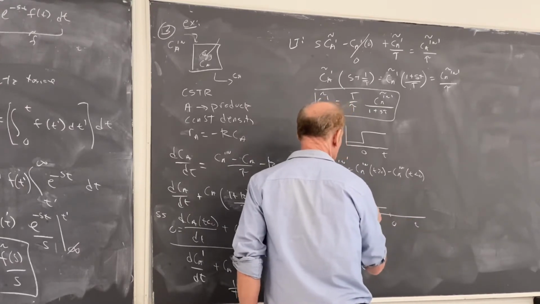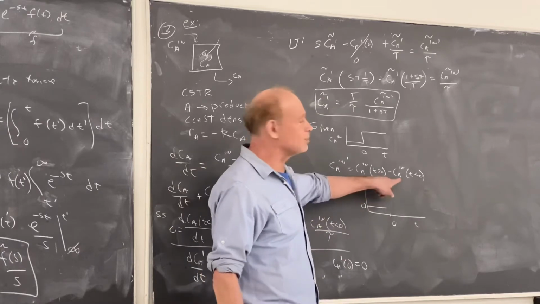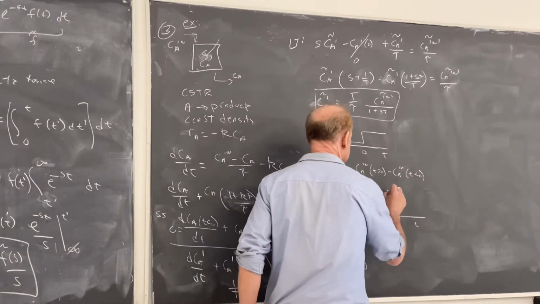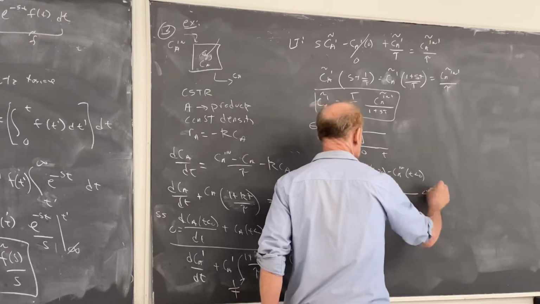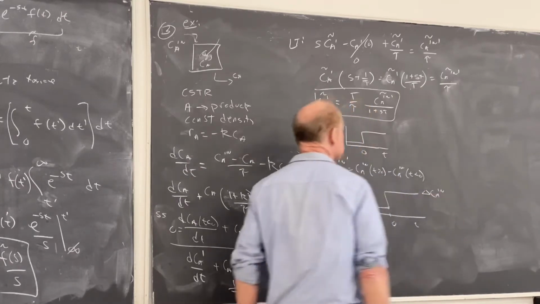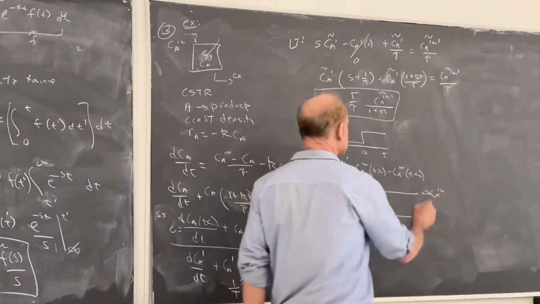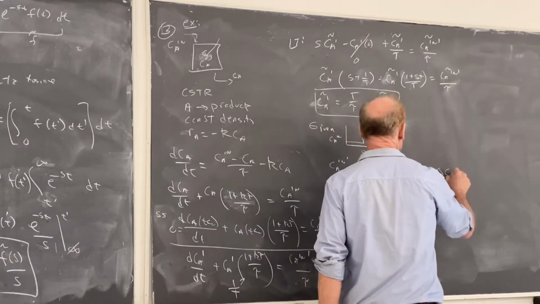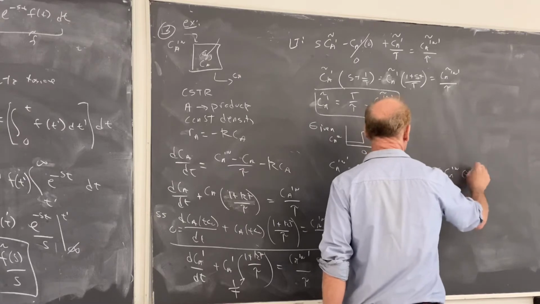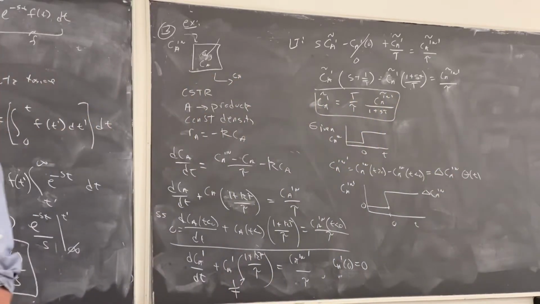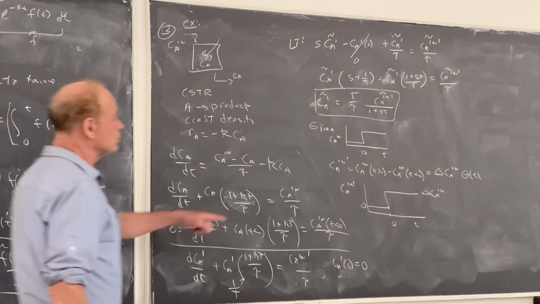It's 0 for a while, for t less than 0, and then it jumps to delta CA in. So this is just equal to delta CA in times theta of t. Is that clear? I had a step function.